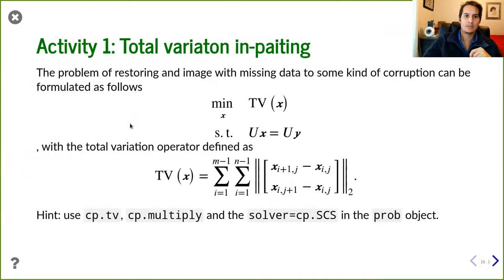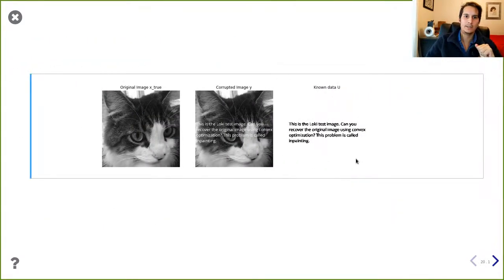So going back to here, what you're trying to do is minimize the total variation, or the measure of the derivatives of your image, subject to your obtained image being the same as your data in the points where you're sure that you have the information, or this area in white.